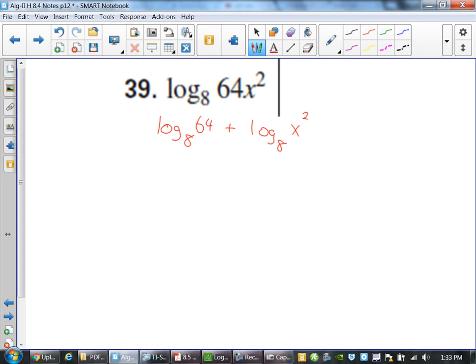Which means I can simplify it even further. How can I rewrite 64 as base 8? 8 squared. So this is log base 8 of 8 squared. That property, log base b of b, remember that one, what happens to the exponent of 2 then? It just drops. So this is going to be 2 plus, well, how do I rewrite that last one? Good. 2 log base 8 of x.